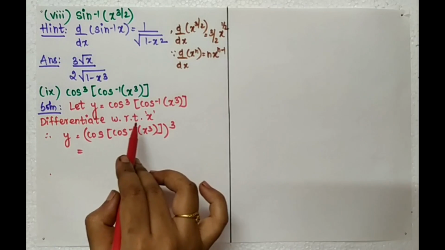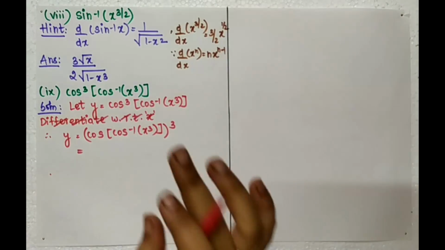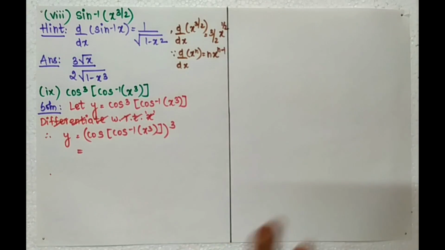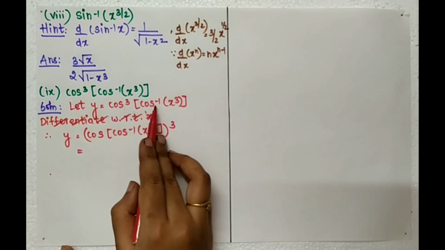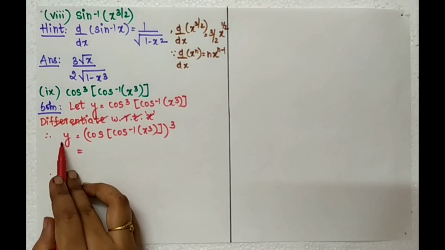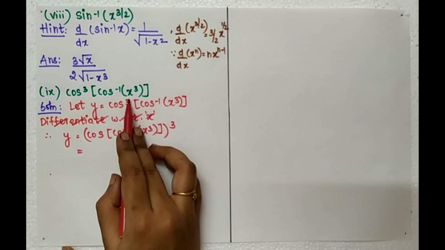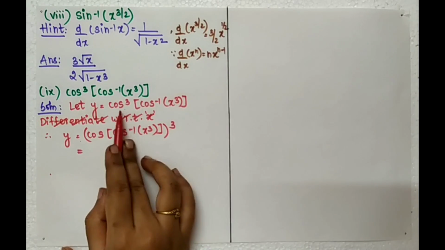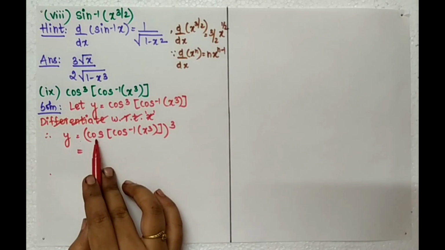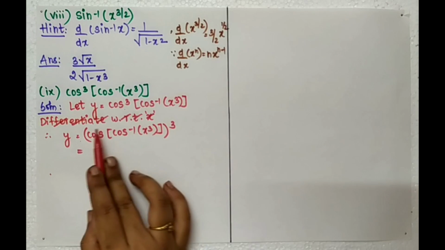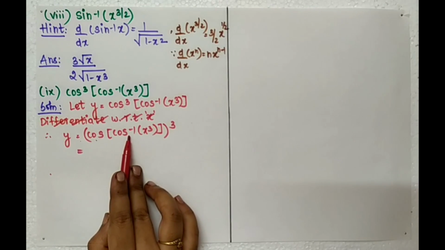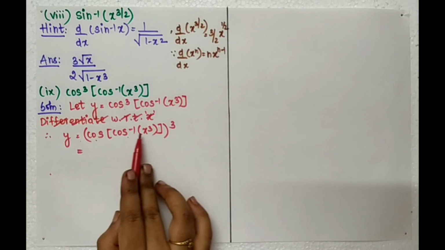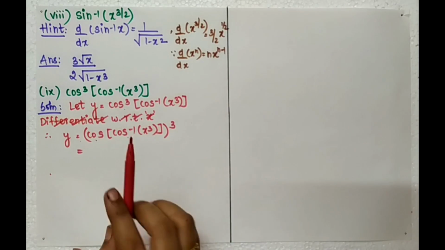Then we differentiate with respect to x. Let us first simplify the question, then differentiate. So y equal to cos cube cos inverse of x cube. This cube is for the whole function. Therefore we write cos of cos inverse of x cube, the whole cube.